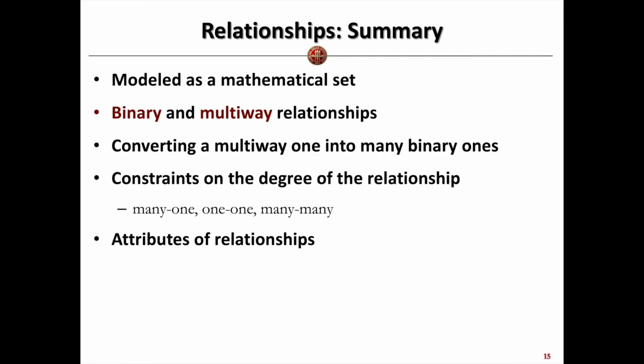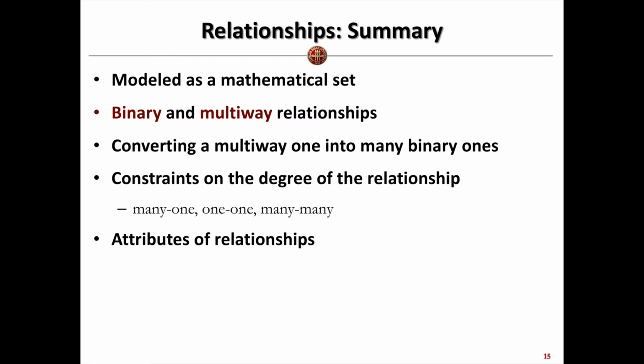Okay, this page provides a summarization of the relationships we have covered already. So generally, we can model a relationship as a set product. And we have introduced two kinds of relationships, which are the binary and multi-way relationships. We also covered how to convert a multi-way relationship into binary ones, so we can create a new entity for the relationship. So in the conversion, please pay attention to the constraints, right?